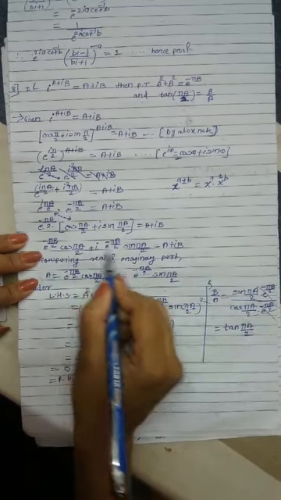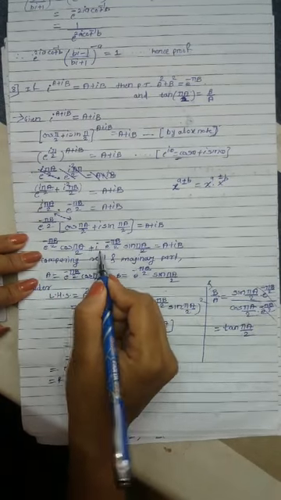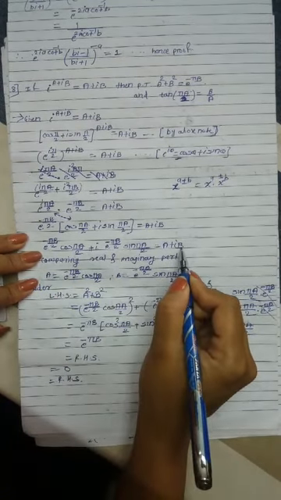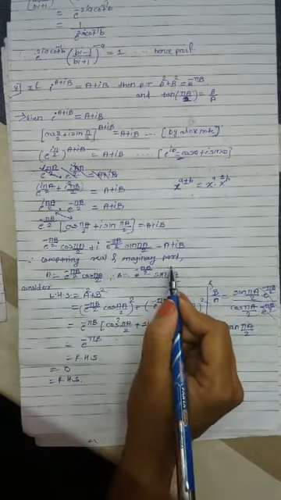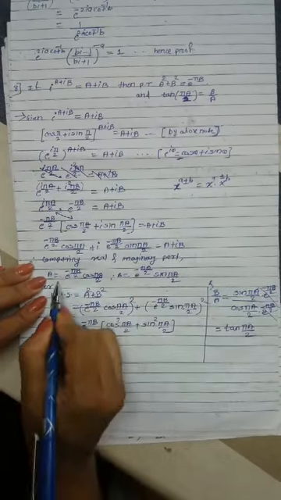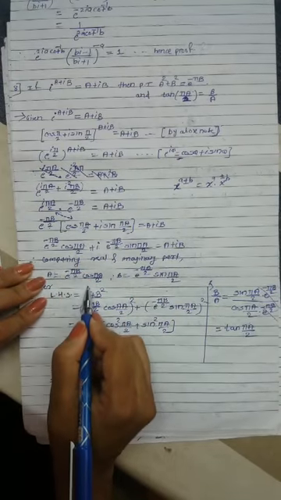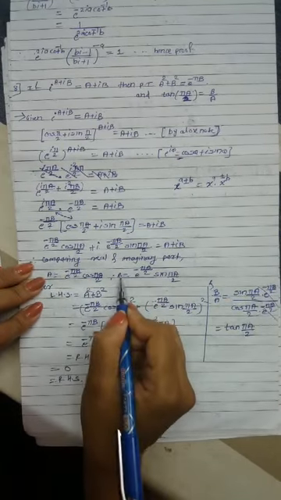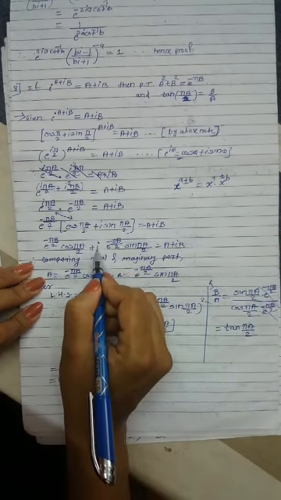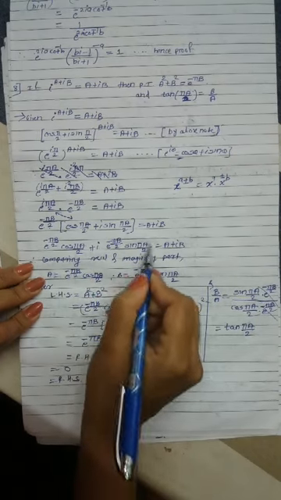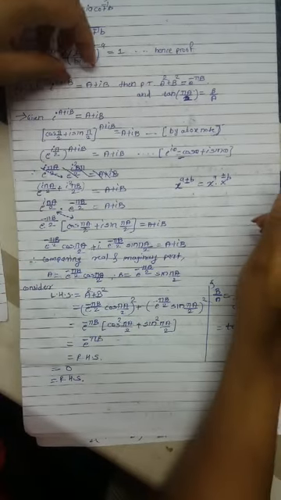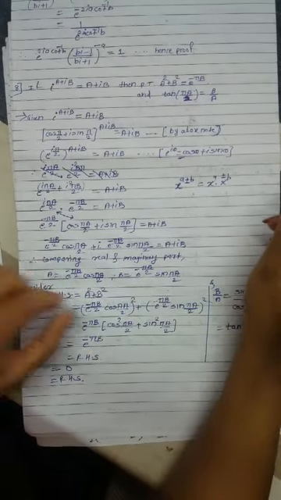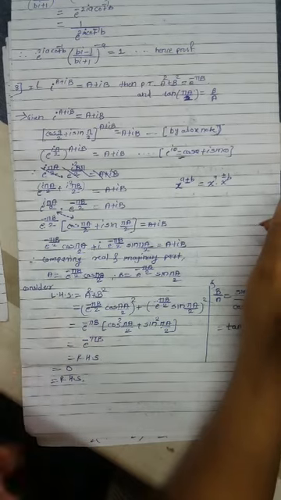This is the real part and this is the imaginary part of this complex number, this is the real part and this is the imaginary part of this complex number. Therefore, comparing real and imaginary parts, we get the a value is equal to this total term and the b value is equal to the coefficient of i, this total term. Okay, now from the given thing, we conclude a and b, we derived a and b.